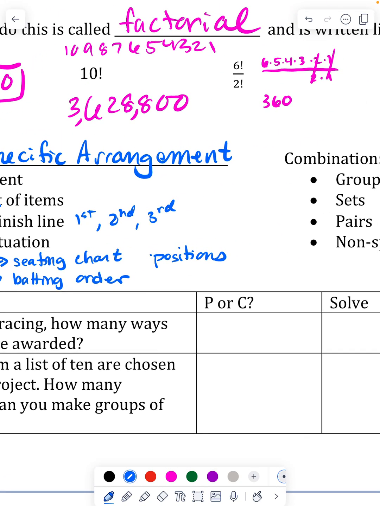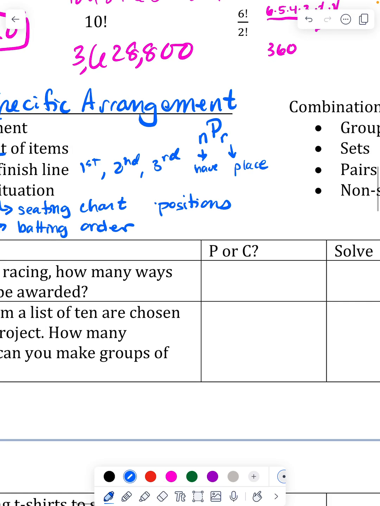So if you have n items and you're going to place r of them, so this is how many you have, this is how many you're going to actually place, you're going to have a formula where it's n factorial, so that's why we studied that.